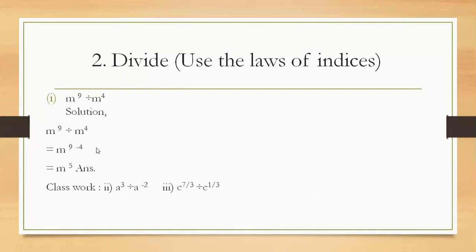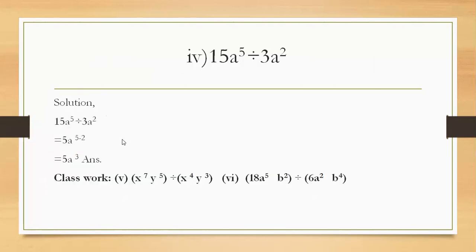I am moving to the next one also. This classwork and these other things you have to do as homework. Please maintain the copy. Now look here. Answer: c to the power 2. In number 4, first of all we have to divide the coefficient. 15 divided by 3 is 5.